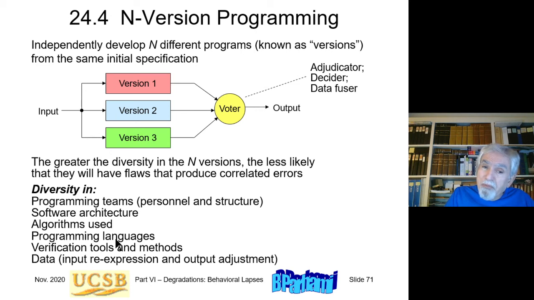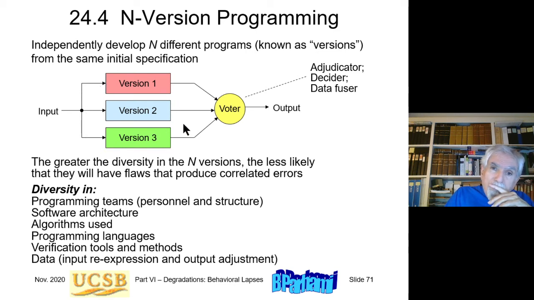They can even use different programming languages, because an error committed when you implement the software with one programming language is less likely to be committed if you implement it with another programming language. And they can use different verification tools and methods. And finally, they can use diverse data.